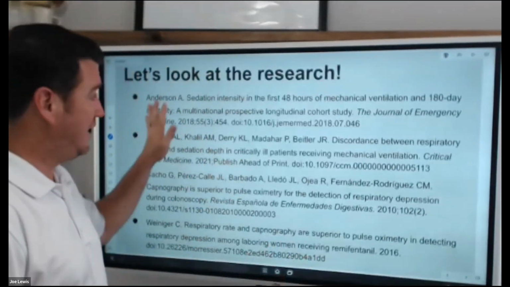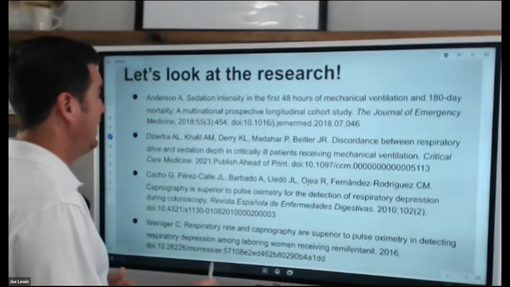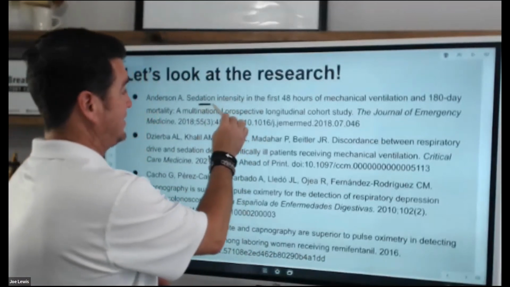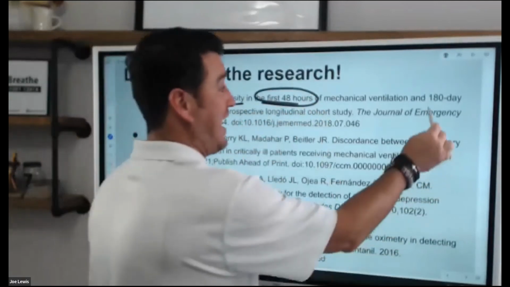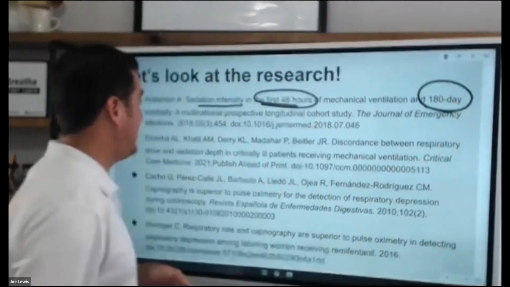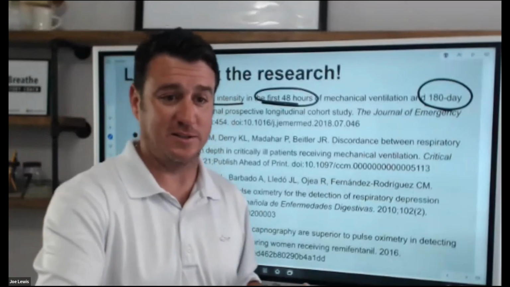Now, I know you can't read all of this, so I'm just going to summarize each of these for you, okay? This first article talks about sedation intensity in the first 48 hours, and then they compared that to the 180-day outcomes and mortality rate. Guess what they found? Probably don't even have to say this, do I?